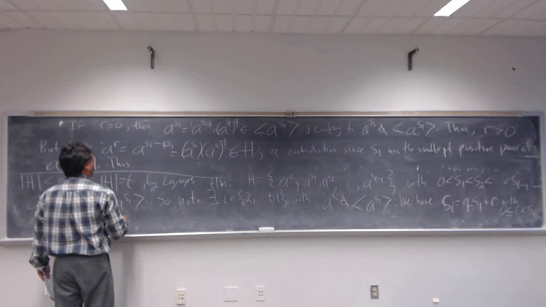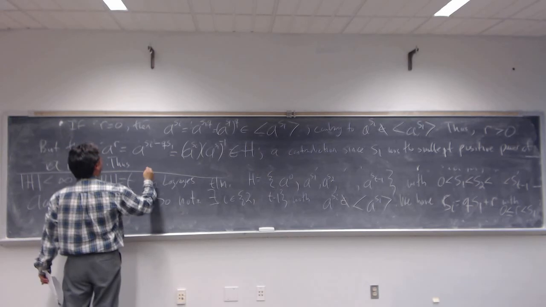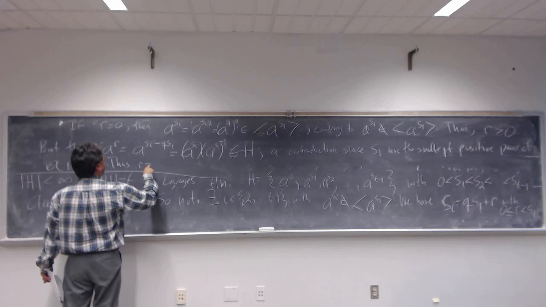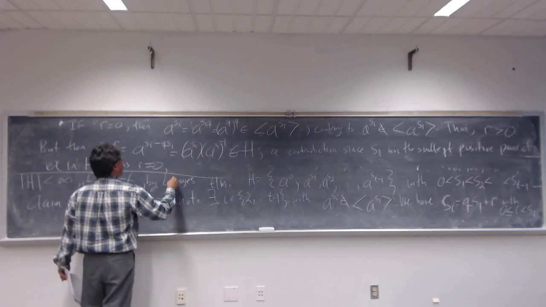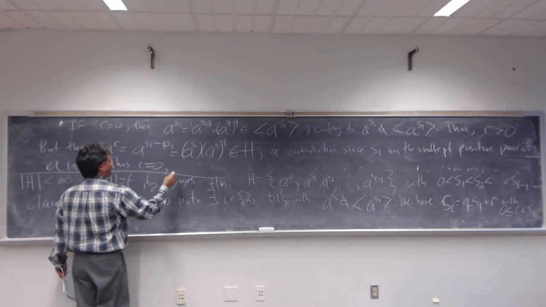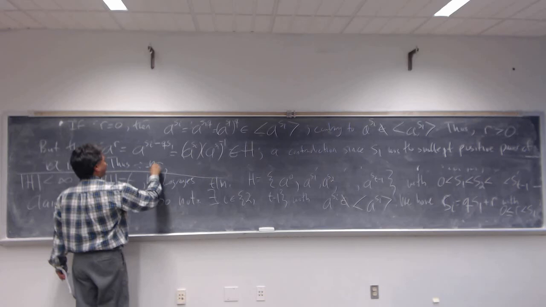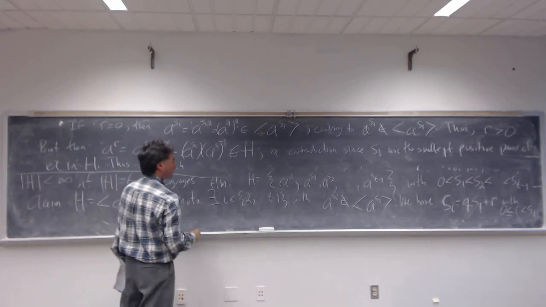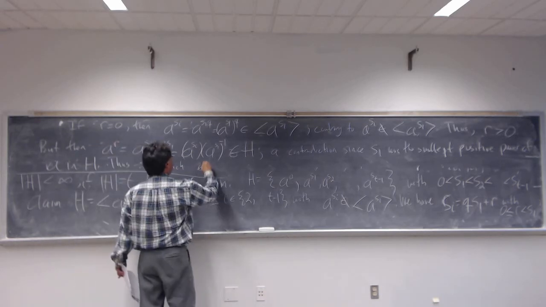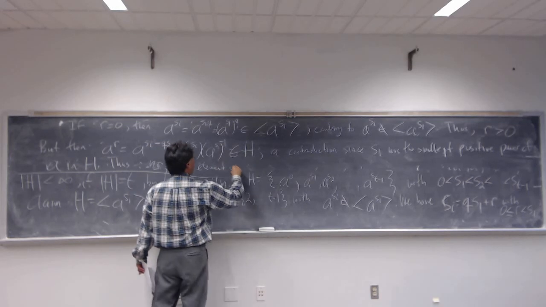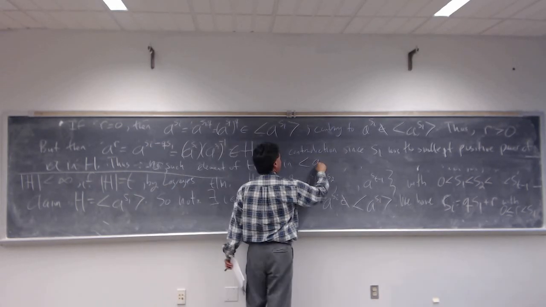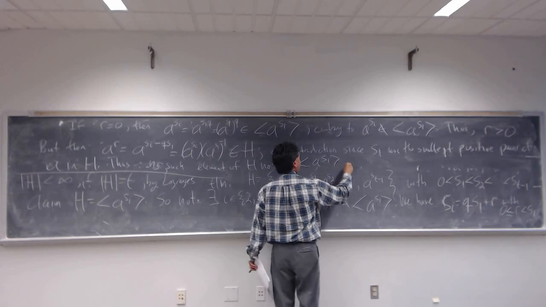Thus, the only way out is R would have to equal 0. Really, no such element of H not in the cyclic subgroup generated by A to the S1 can exist.